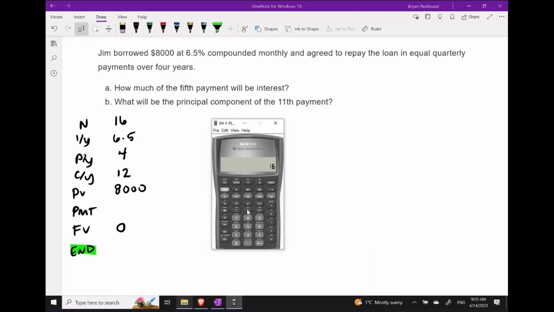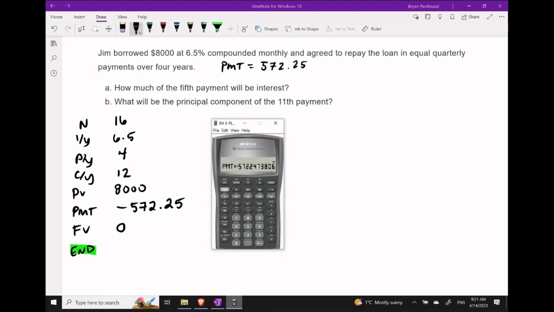Knowing this, we should be able to pull up the calculator and start programming these numbers in to determine the equal-sized payment that we need. Heading into the submenu, I'm making sure that my PY and CY are programmed in correctly. Let's get 8,000 in as our principal amount, 0 in as our future value. Hopefully when we compute the payments, they come out to be negative.